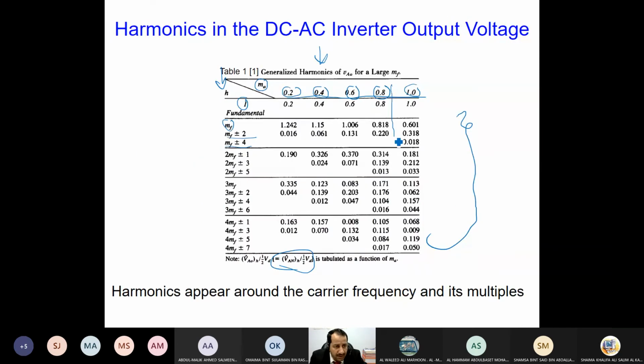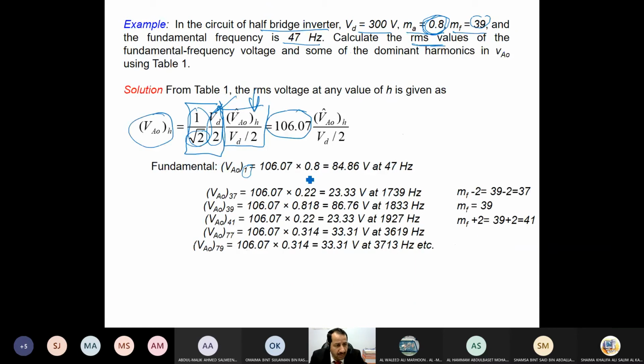So I will select this column because MA is 0.8, as you can see. Since it asks me about the fundamental, the ratio is this value, which is 0.8. I will say, okay, 0.8 times 106 gives me the voltage at the fundamental frequency, which is 47 Hz, as given in the question.